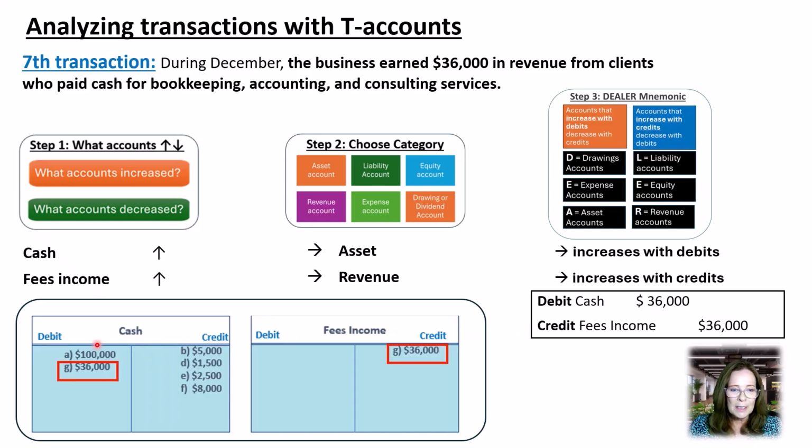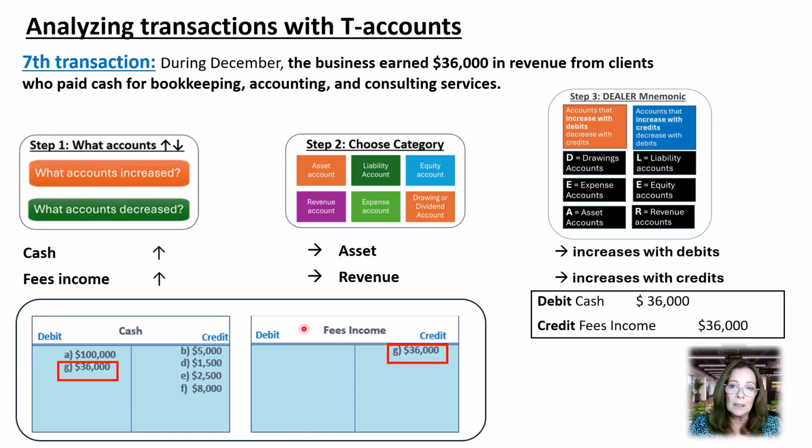Next, we find the T account for cash and write the transaction letter G and the amount of $36,000 into the debit column of the cash account because we determined in step 3 that we would debit cash. The amount for the revenue account fees income increased as well, and we learned in step 3 that revenue accounts increase with credits on the right side of the T account.